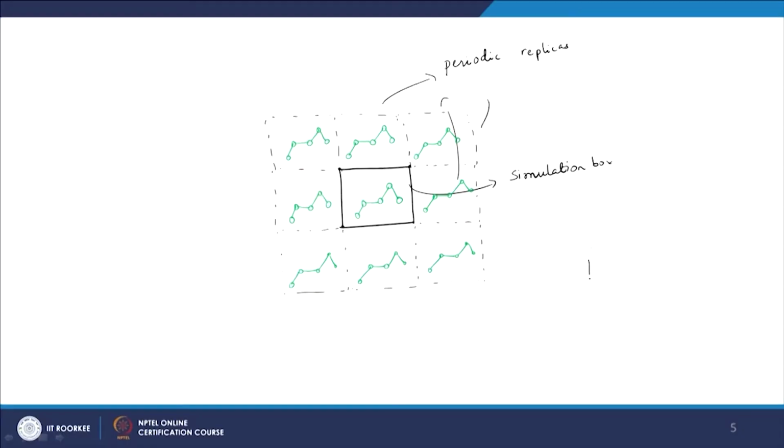Now, if any particle hits the wall, there is no elastic collision. If it is hitting a wall, it will simply keep on going as if there is no wall present. Okay. What we do then is the following. So, let us say the polymer chain during simulation crosses the wall, then a bead comes out on this end.